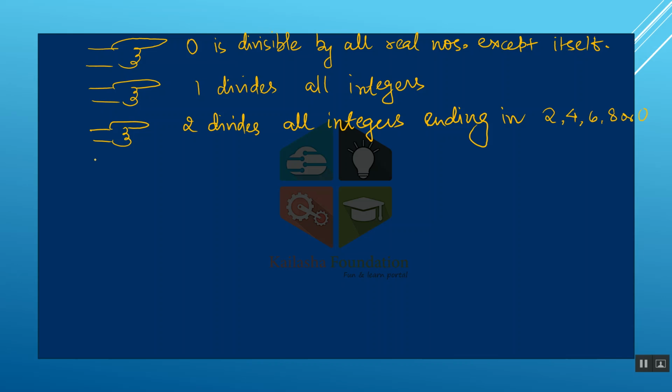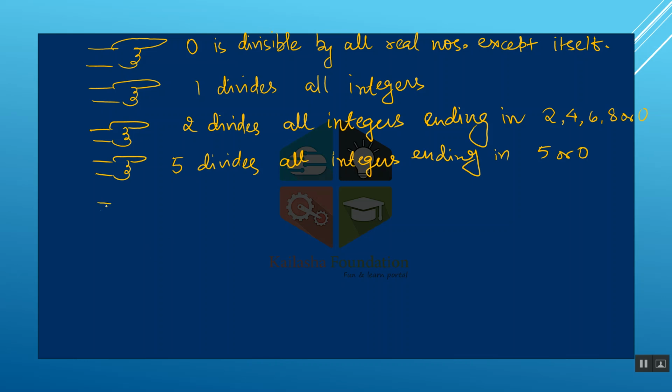Okay. 5 divides all integers ending in 5 or 0. 10 divides all integers ending in 0.